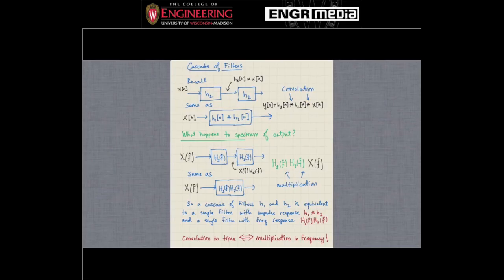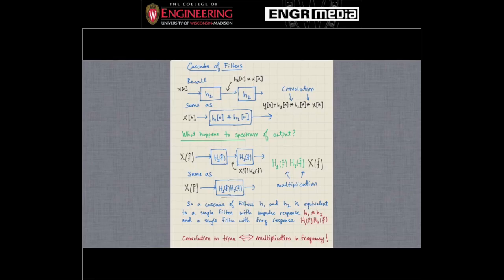So that's actually the same as if we just think about what happens to a signal x, which has spectrum capital X of f, when that signal goes through a filter with a frequency response of H1 of f times H2 of f. Okay? So to sum this all up, if we have a cascade of filters H1 and H2, just two filters back to back, that's equivalent to a single filter with an impulse response of H1 convolved with H2, where H1 and H2 are the impulse responses of the individual filters.